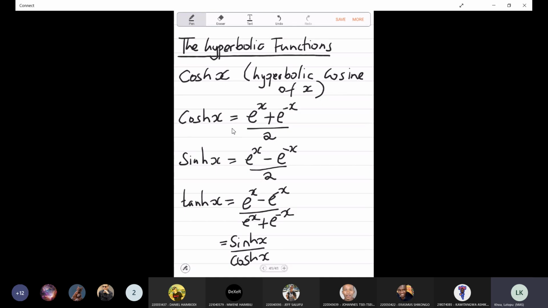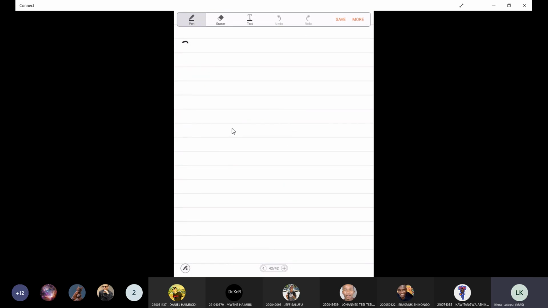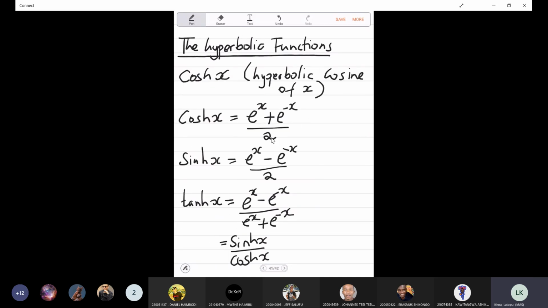And then we have the hyperbolic secant, hyperbolic cosecant, hyperbolic cotangent, like we do with the trigonometric functions. So our sech, remember when we're talking about trigonometric functions, sec was the reciprocal of cos. So the same thing is true over here. Just take the reciprocal of this. So hyperbolic sec is 2 divided by our numerator over here.